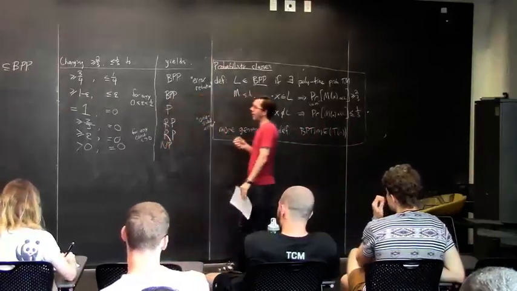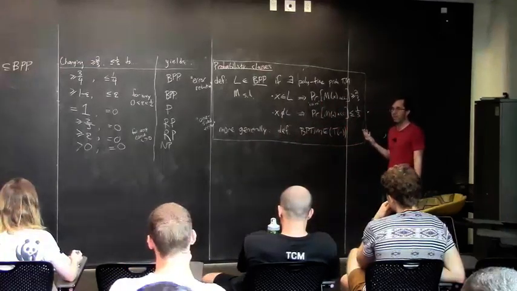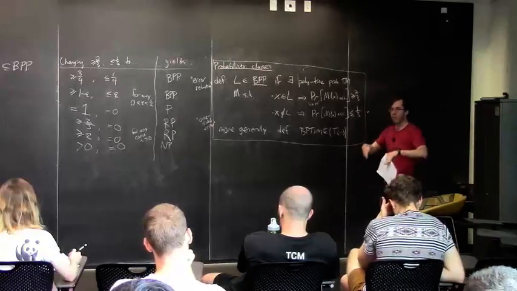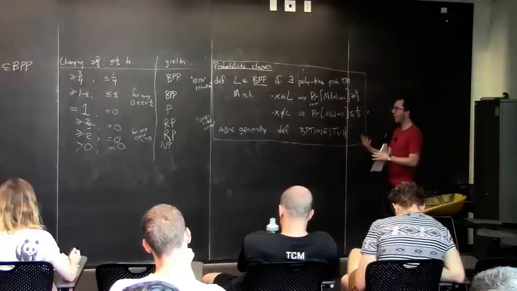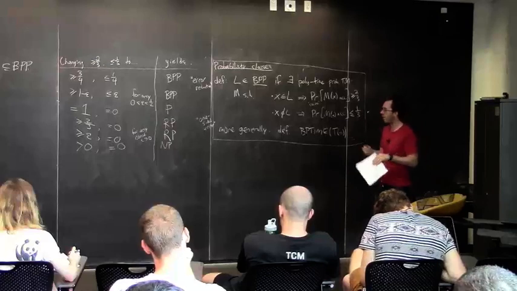So really, a non-deterministic Turing machine is actually sort of the same as a probabilistic Turing machine. At each step, it can have one of 2 possible things that it does. And NP is just about how you judge whether or not the algorithm has overall accepted.